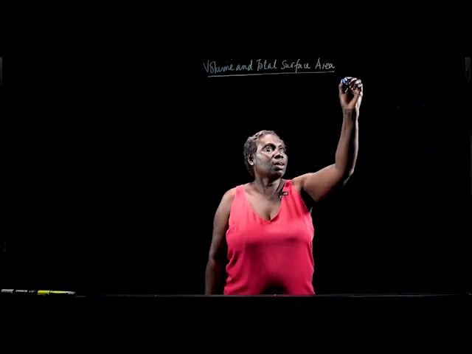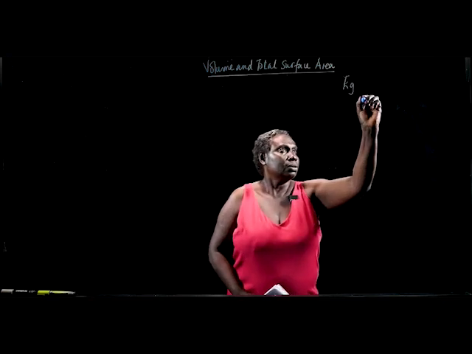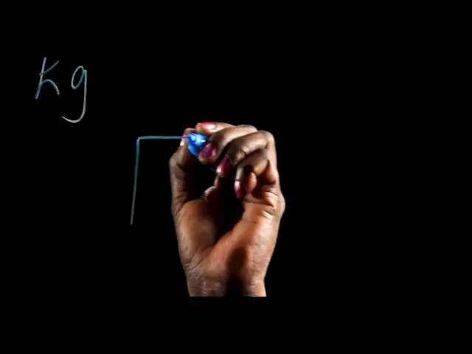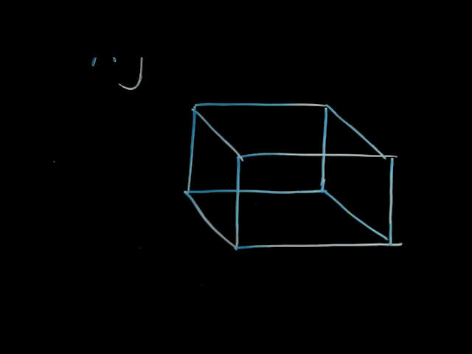Let's look at an example. Okay, we are going to look at a cuboid. A cuboid is a three-dimensional figure whose faces are rectangular.